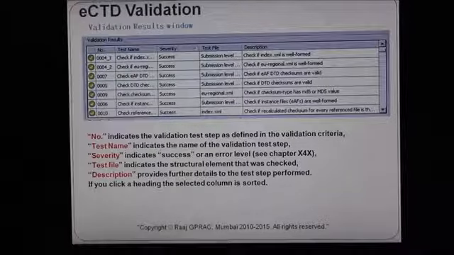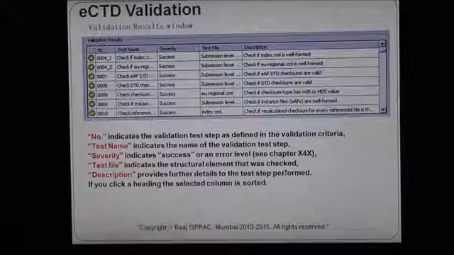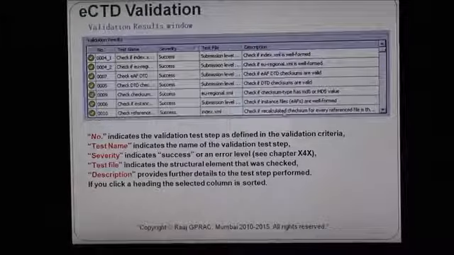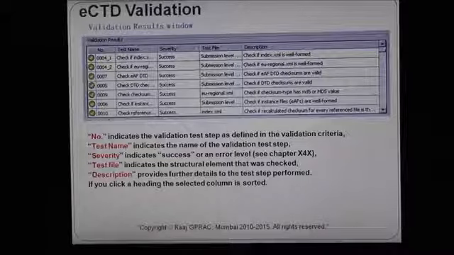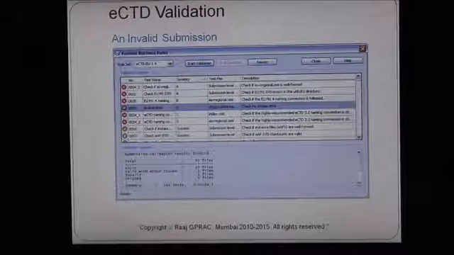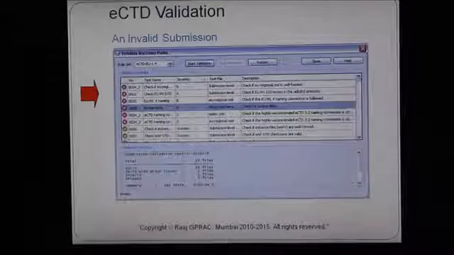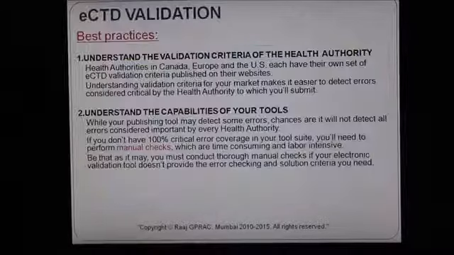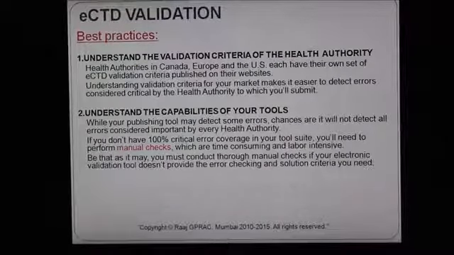Then test level indicates the structural element that was checked. Description provides further details to the test step performed. If you click a heading, the selected column is sorted. If it is showing an invalid submission, then you have to resubmit, redo the work and organize the sequence once again.